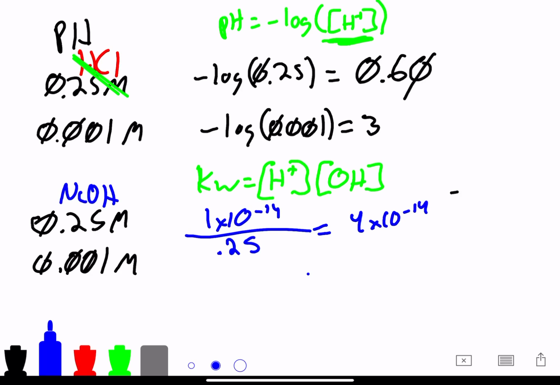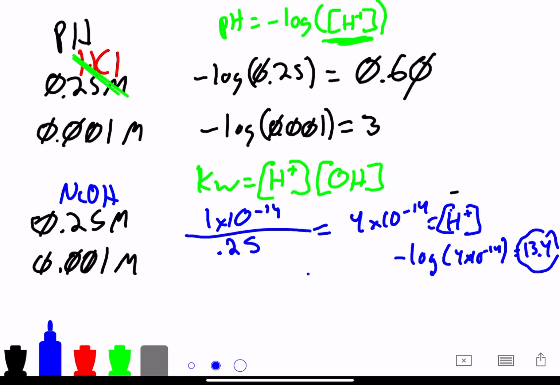Now this is equal to the concentration of H+. So to find the pH of this, now we just take the opposite of log of 4 times 10 to the negative 14. And that's going to be equal to 13.4. So your pH of a 0.25 molar solution of sodium hydroxide will be 13.4.